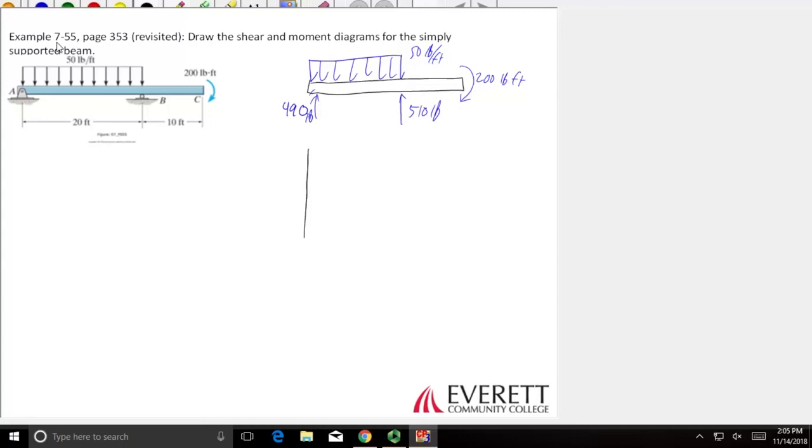I'm just going to start by drawing the shear. Okay, the very first thing that happens is what? What's on the left-hand side, the first thing we see? Very good, a 490-pound point load. And for the 490-pound point load, we need a relationship that relates point load to change in shear. Okay, so that relationship was right back here.